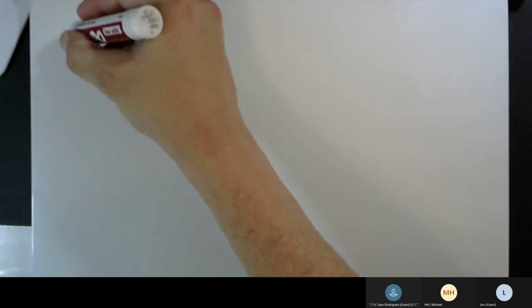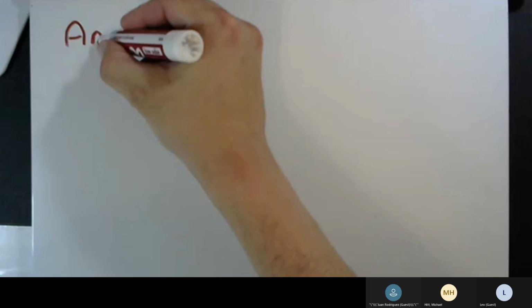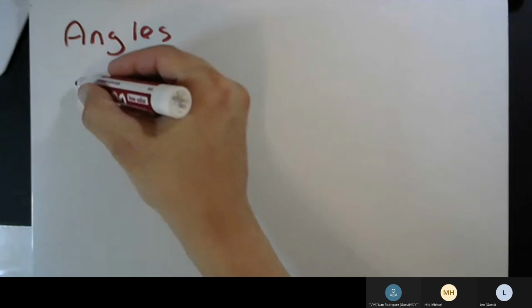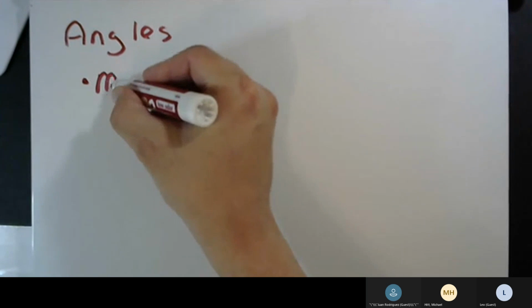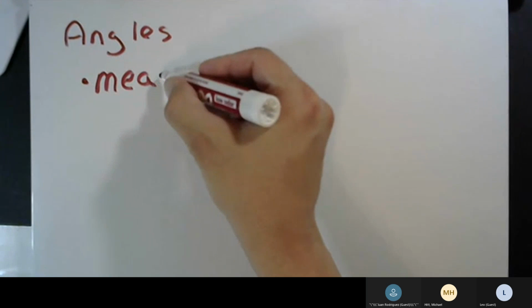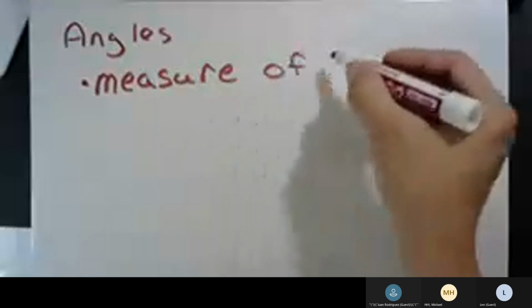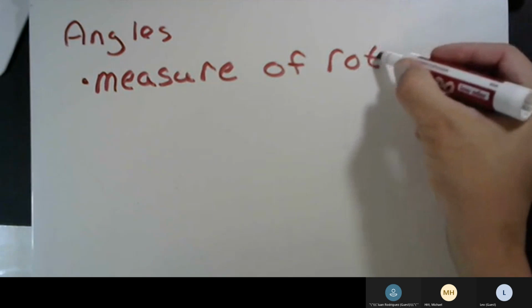So we're getting into trigonometry, and with trigonometry, we're studying angles. And angles, you can think of an angle as a measure of rotation.